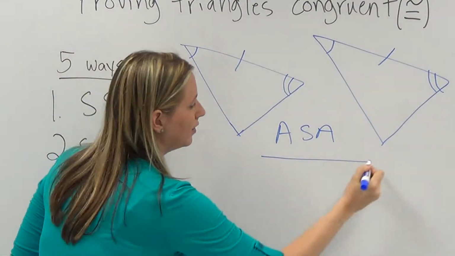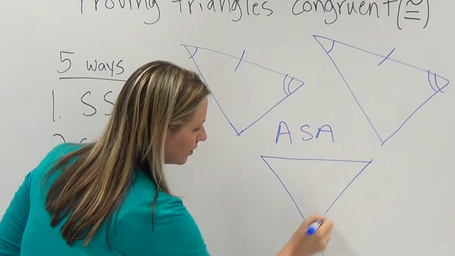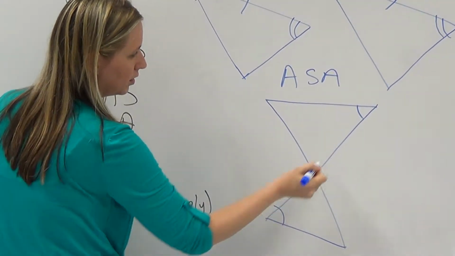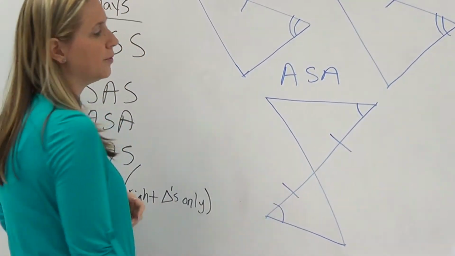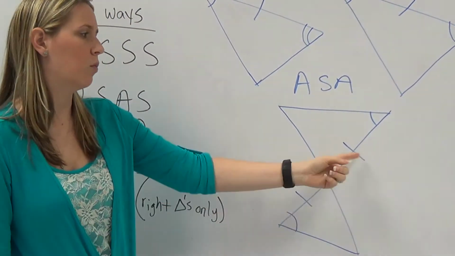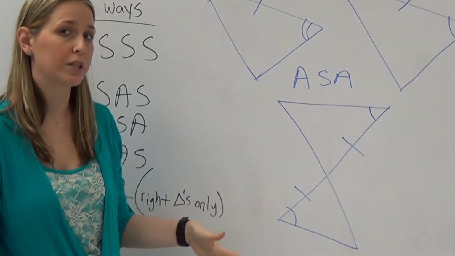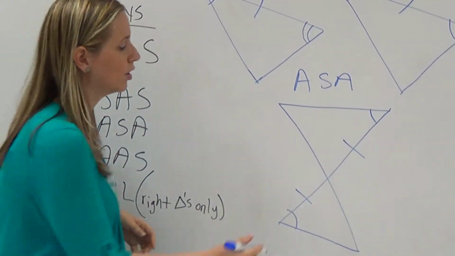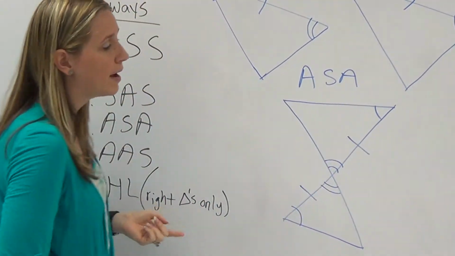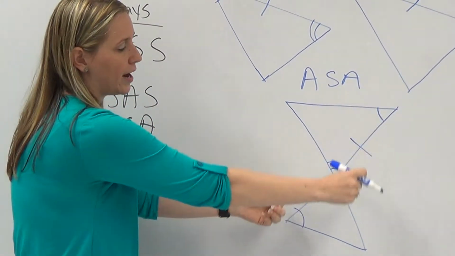Let's say I had something like this. If you look at this figure, you would think, well, I've only got 1 angle and I've only got 1 side. But remember what we said earlier, vertical angles are always congruent. So I can put some congruent symbols here, and that makes it angle, side, angle.